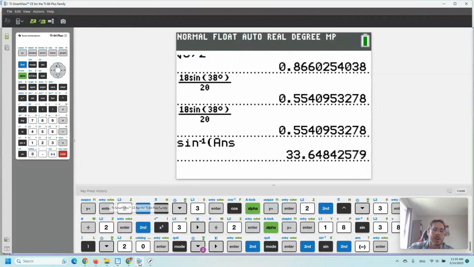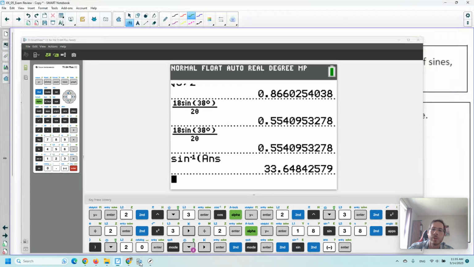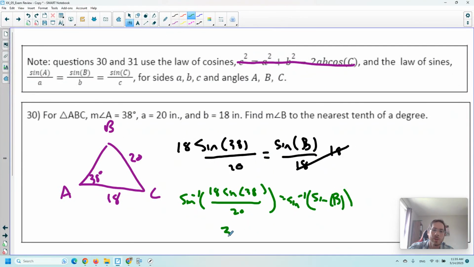And that gives us our final result, 33.6 to the nearest tenth of a degree. And that makes sense. 18 is less than 20, so my answer should be less than 38. And that is, again, to the nearest 1/10 of a degree.